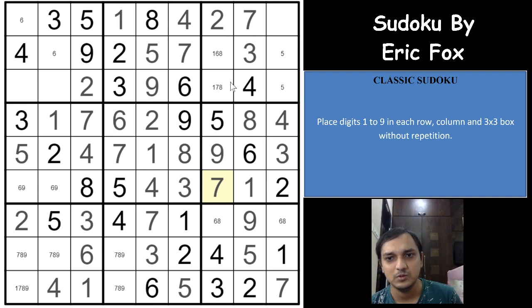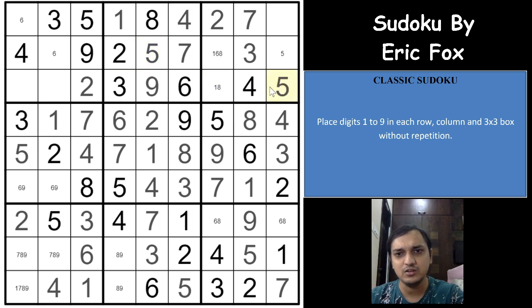Because of the 7, these two cells will have to be 8 and 9, right? 6 8, and 7 is eliminated from here, 1 6 8, and because of the 5 we directly write a 5 here, eliminate 5 from here, and 1 8 and 7 are the possibilities here.